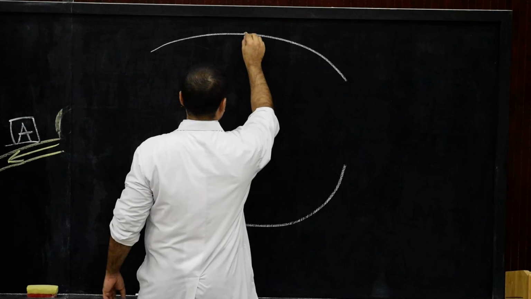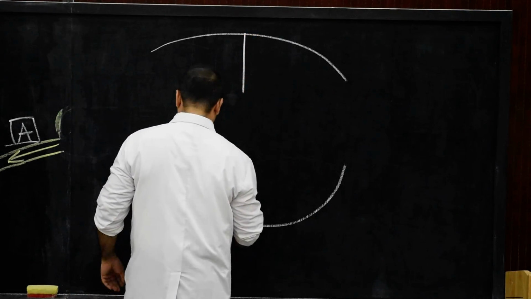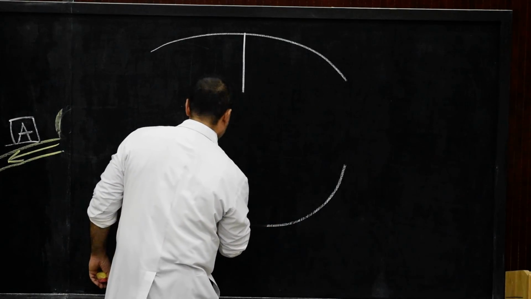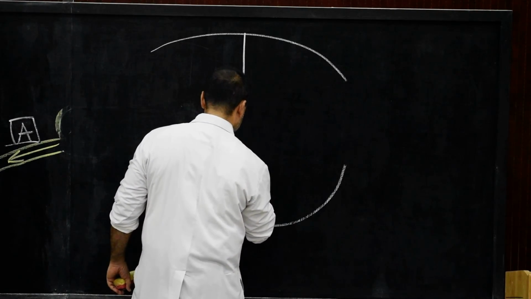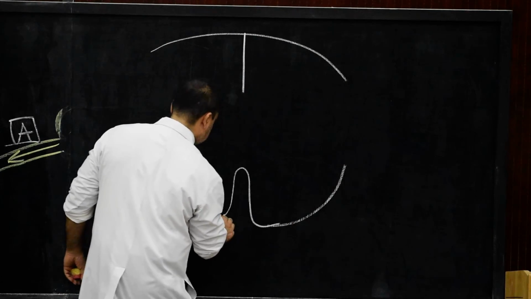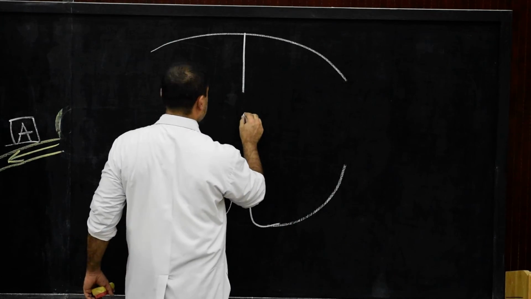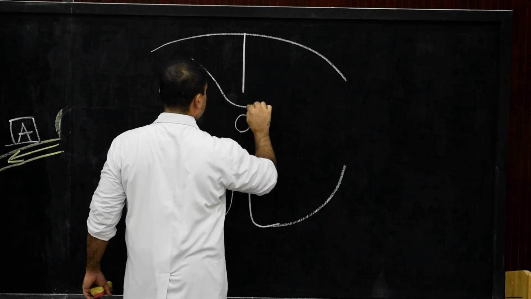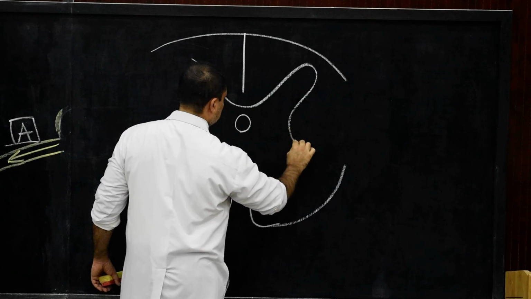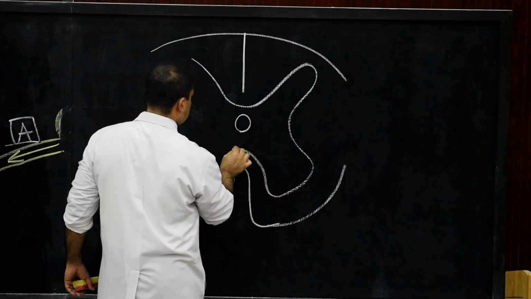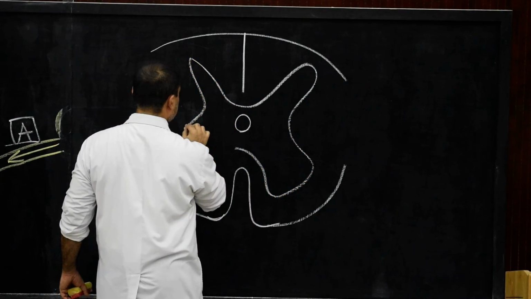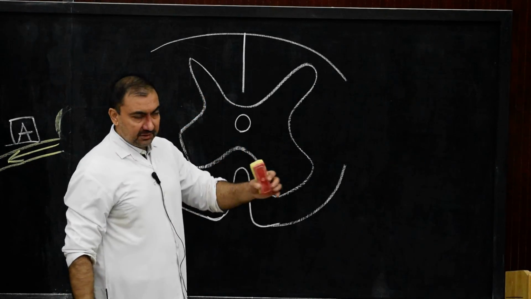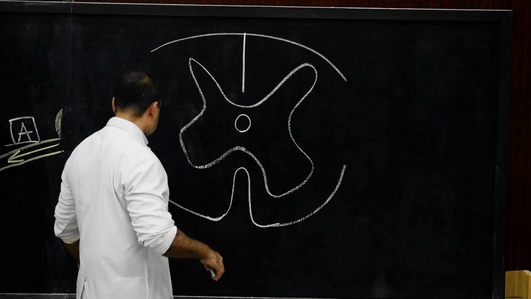So therefore, posterior median septum, and here in the median plane, we will draw anterior median fissure, and here we will draw central canal, and we will show this as the central gray matter. So therefore, this is the transverse section of a spinal cord. Very rough diagram we have to draw.